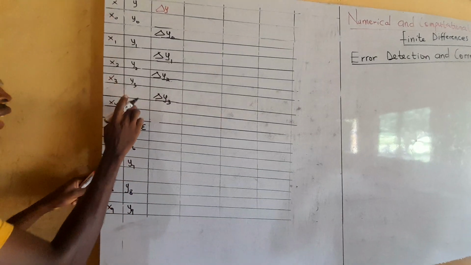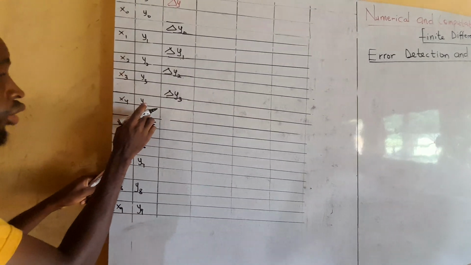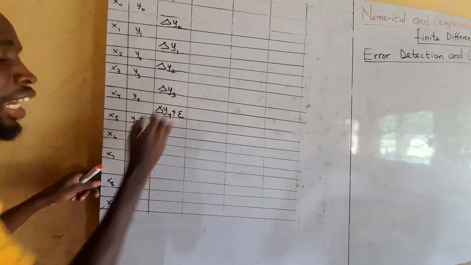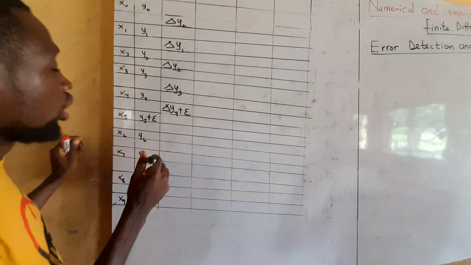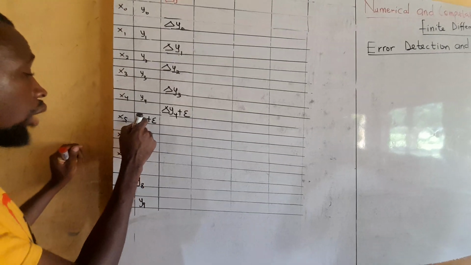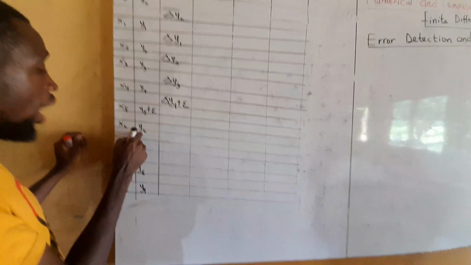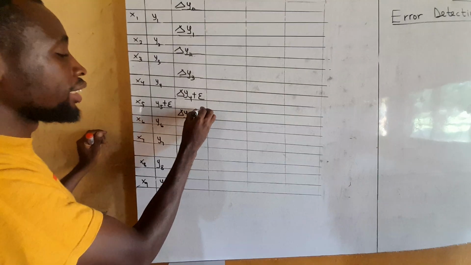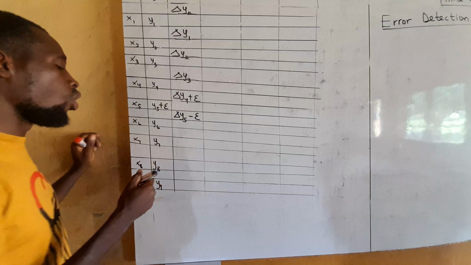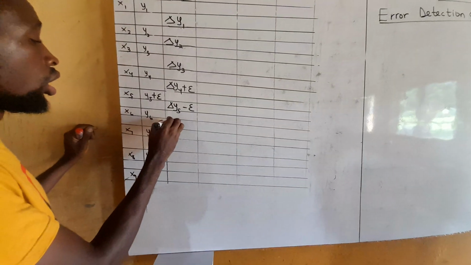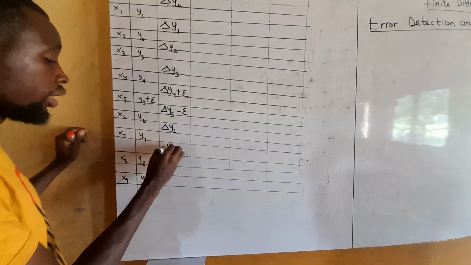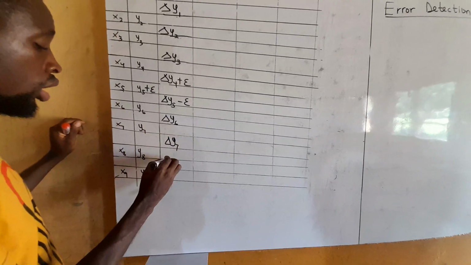And the difference between this and this, that's y5 minus y4, will be del y4 plus epsilon, or plus error. Now, when we subtract this from this, we have y6 minus y5, which will be del y5, then minus error. Then this from this will be del y6, this from this will be del y7, this from this will be del y8.